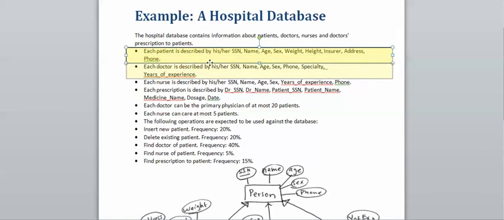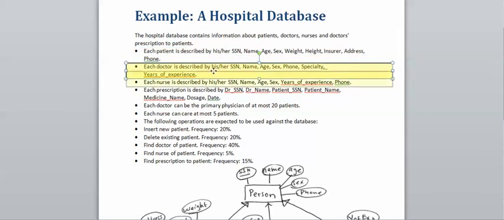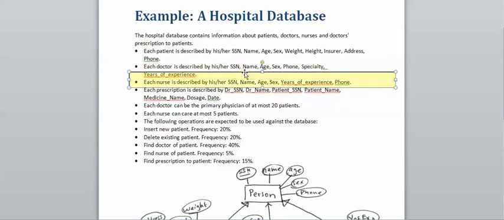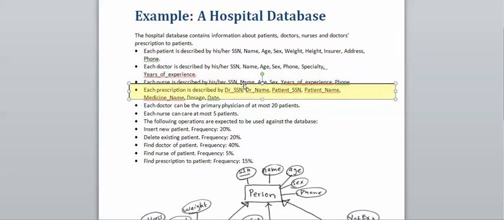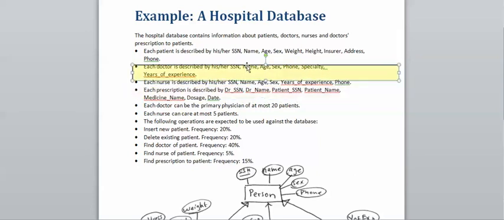Then I see another entity set, doctor, very similar to patient: social security, name, age, sex. So far it's the same, and then there are things that are different. Nurse is also very similar to the other two. Prescription, however, is not the same so far. But the first three are patient, doctors, and nurses.